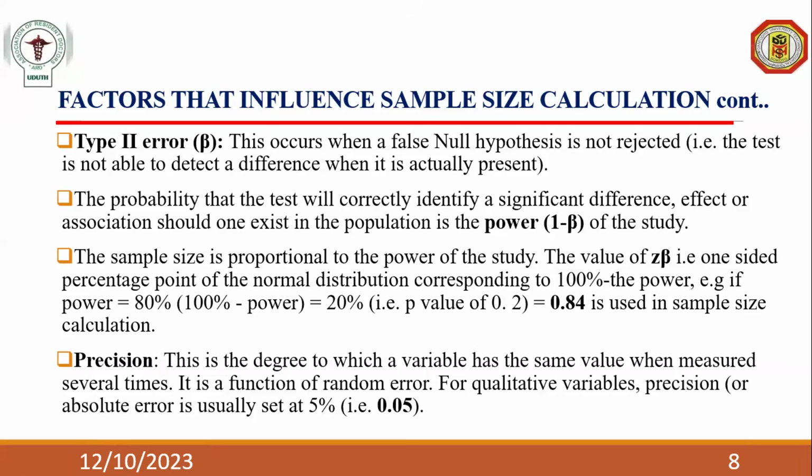That is what we use in the sample size formula as our D. So that D, which we say D equal to 0.05, is our precision. That means we are allowing only 0.05 error in that study.